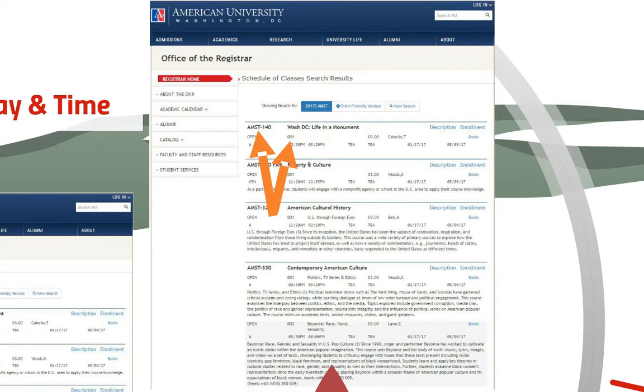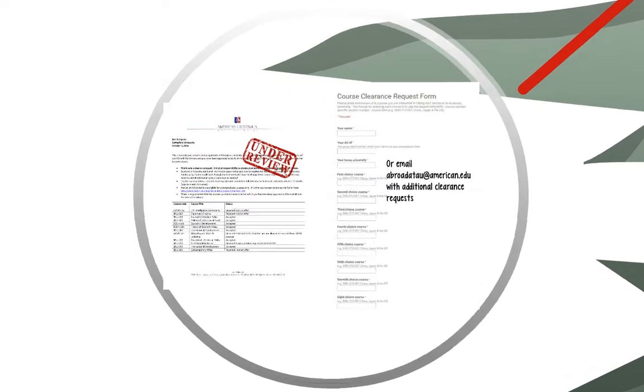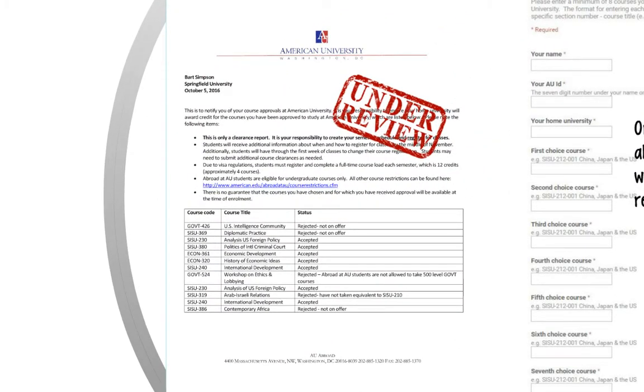Meaning that once you're planning your schedule online, you'll be able to search for this exact class by entering the code AMST 140001.